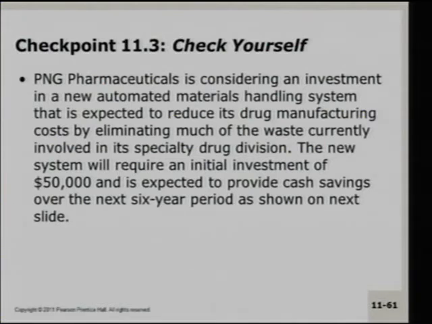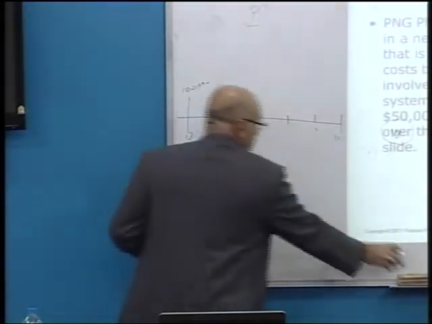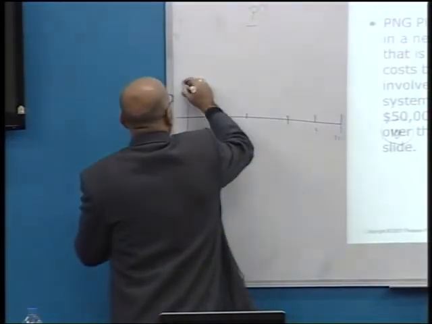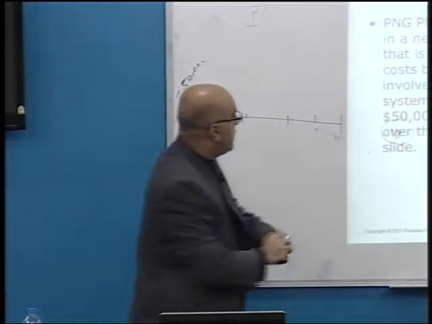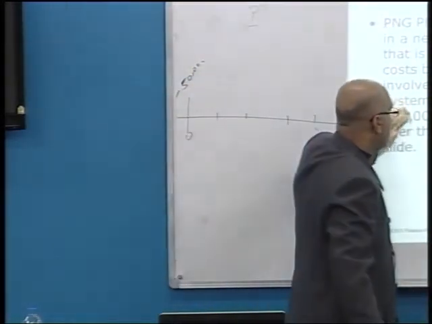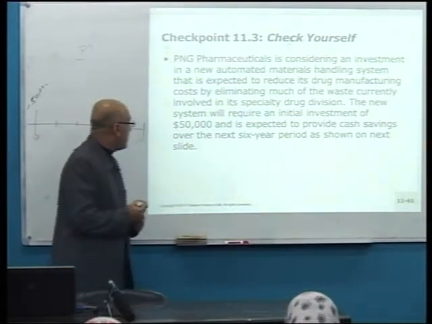So the initial investment here is $50,000. So we go back to the timeline, and our initial investment is $50,000. Okay? And it is expected to provide cash savings over the next 6 years, as shown on the next slide.